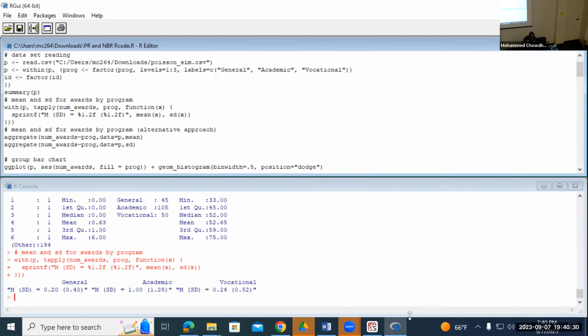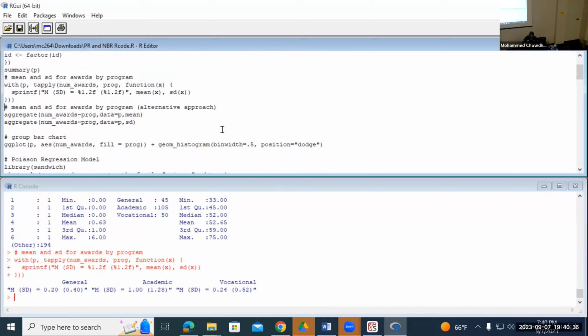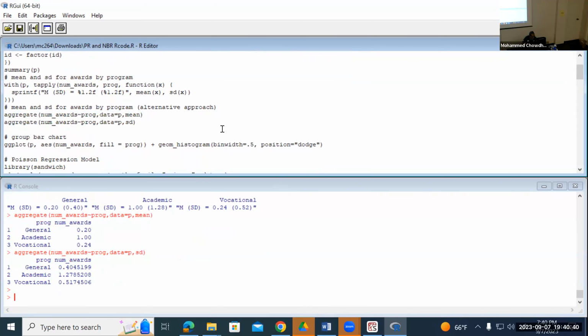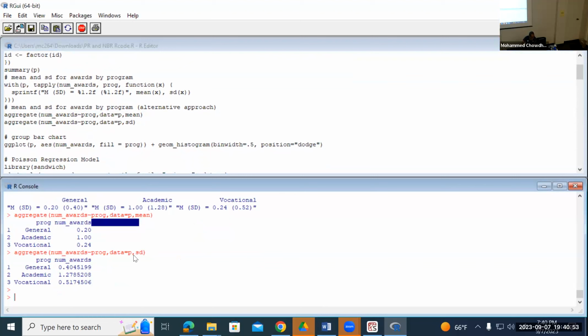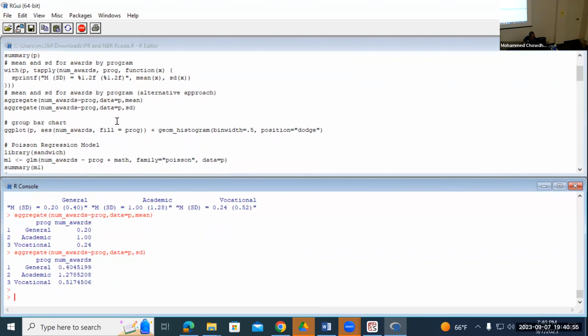So this is the mean and standard deviation for the awards we obtain. And this is number of awards, average number of awards with respect to each program. This is the average, this is the standard deviation.